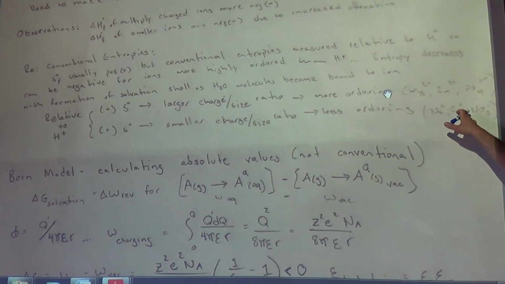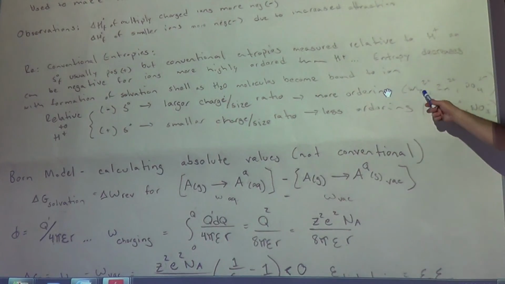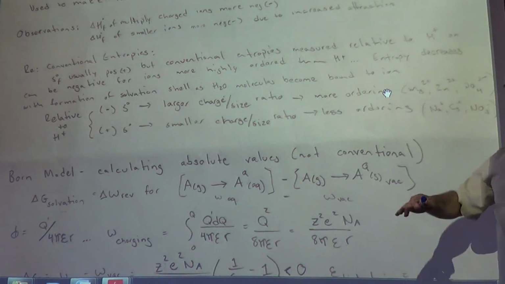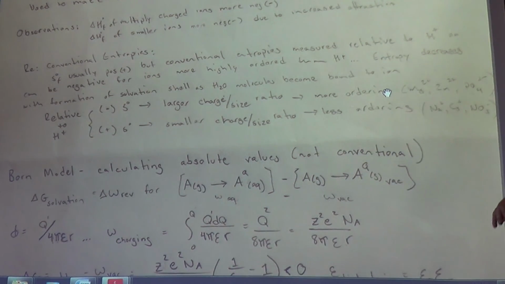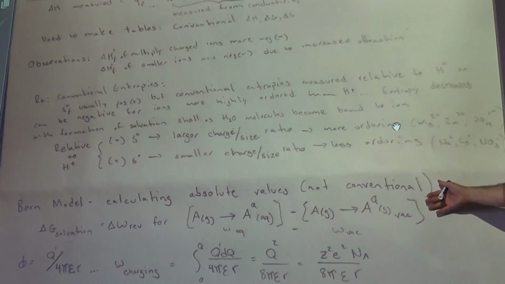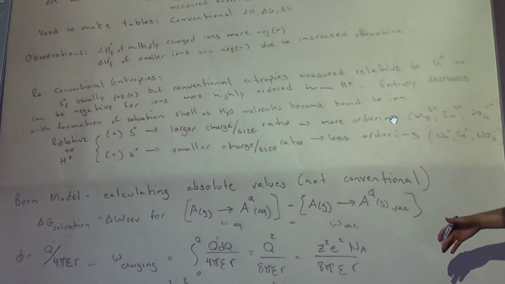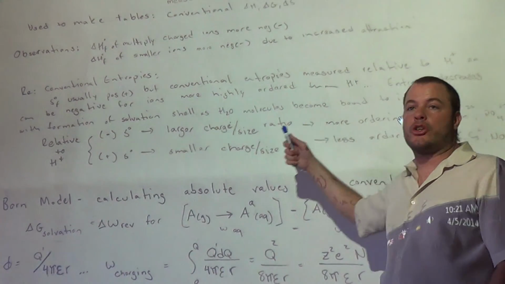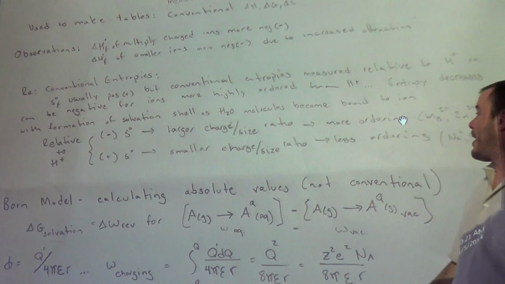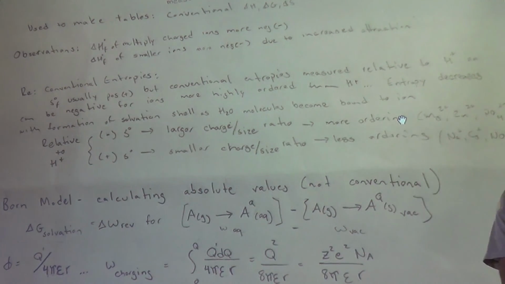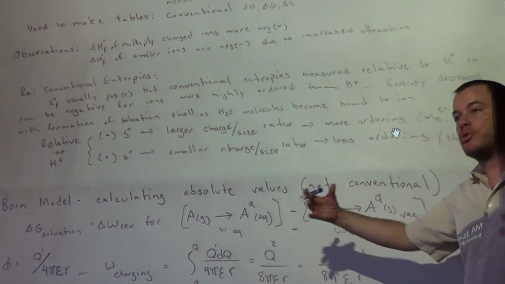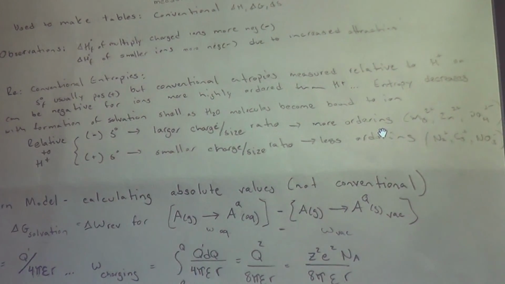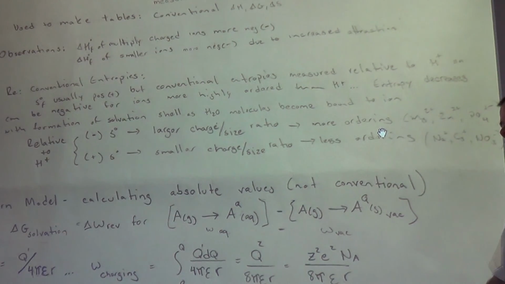If you look at the entropies of solvation for things like magnesium, zinc, phosphate, sodium, cesium, and nitrate, and you try to establish patterns between their entropies and their charge to size ratio, the atoms that have the larger ratio of charge to size end up having more ordering. The larger their charge is, the more that they can pull those water molecules towards them in the solution and create that ordered structure around the ion.